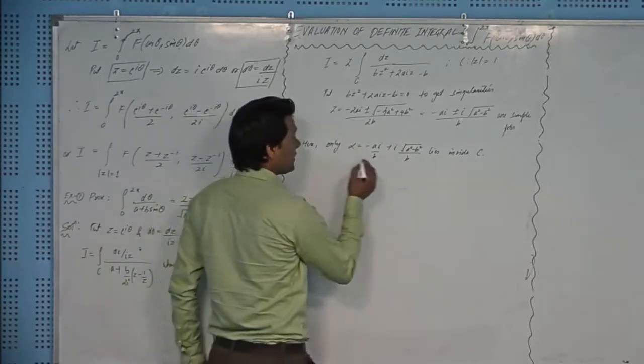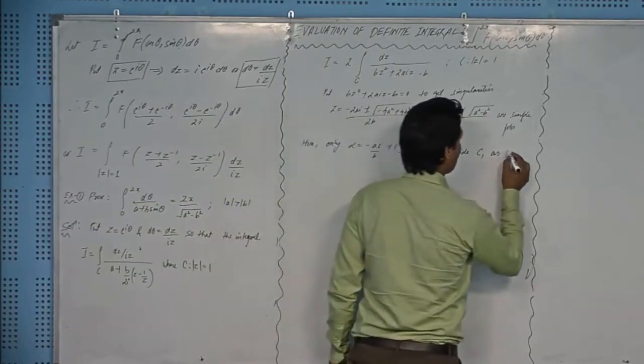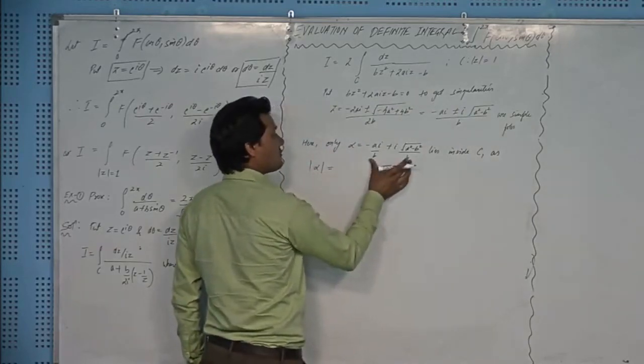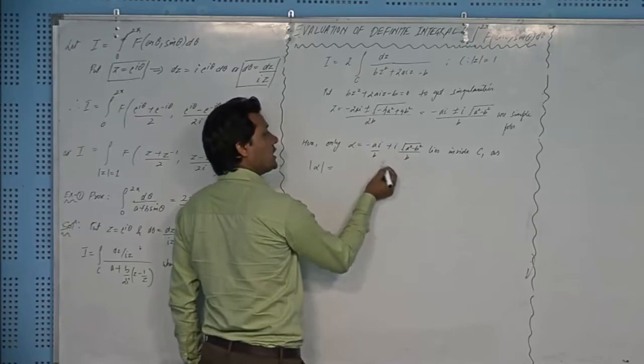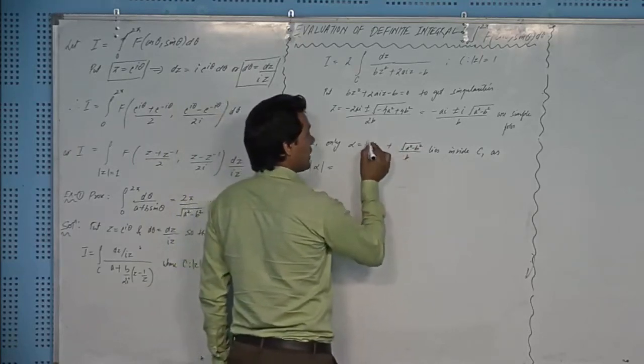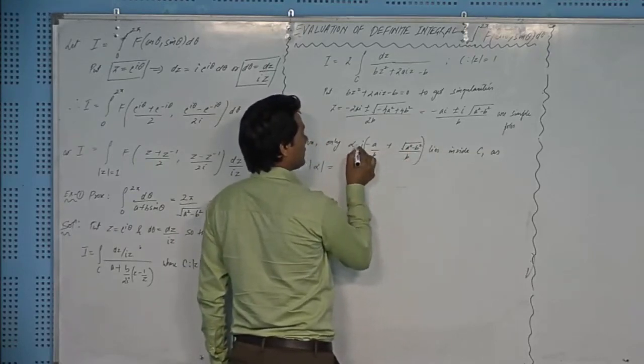I am writing the reason as mod of this alpha, mod of alpha, and if you take mod of some number, you can see that it is a purely imaginary number, eta is appearing in both, eta here, eta here, right.